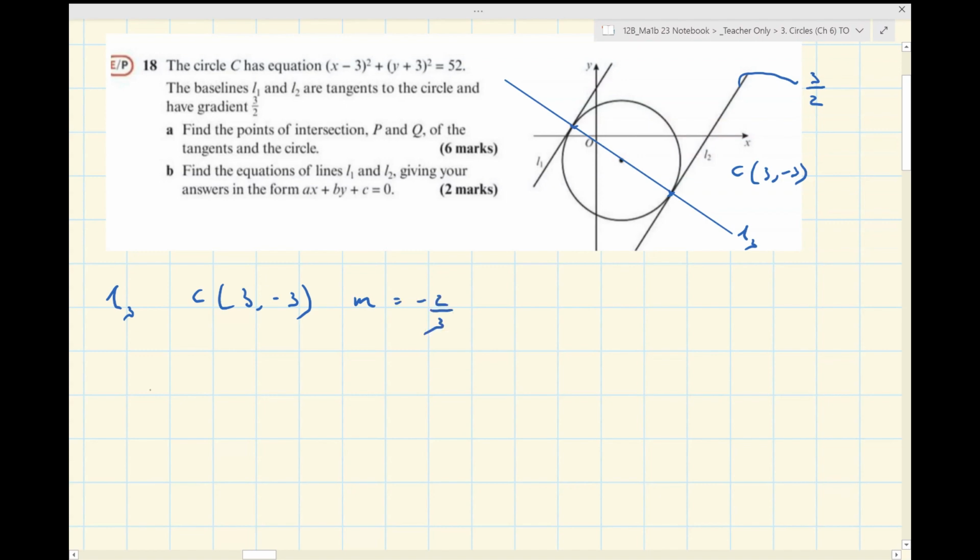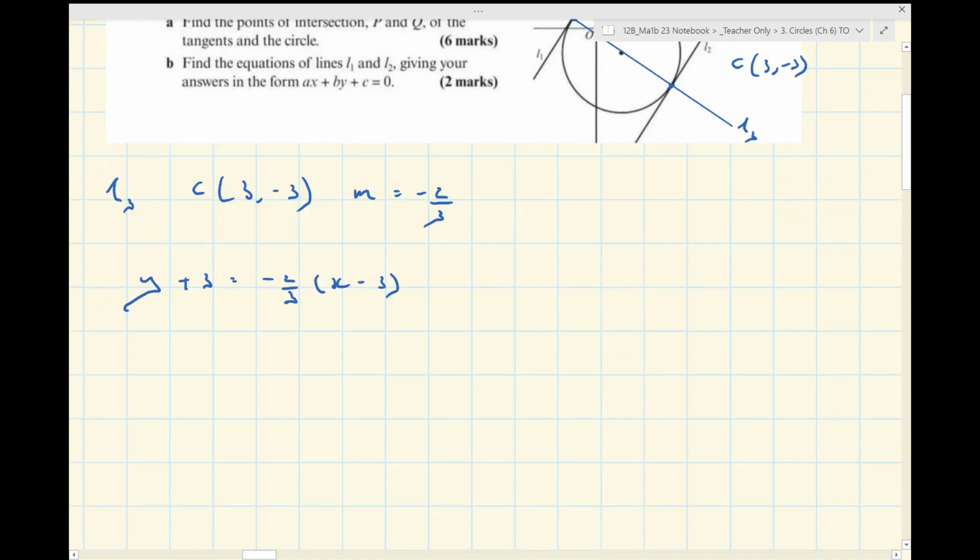And now I can simply use y plus 3 equals minus 2/3 (x minus 3). And simplify this. 3y plus 9 equals minus 2x plus 6. 3y is minus 2x minus 3. y is minus 2/3 of x minus 1.